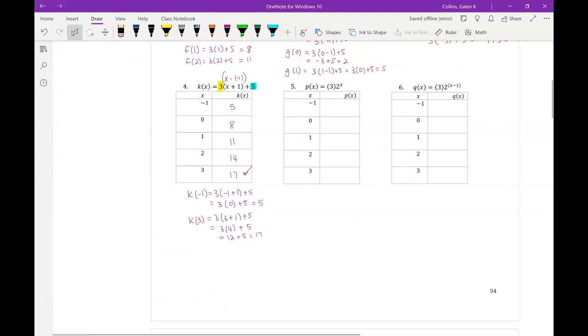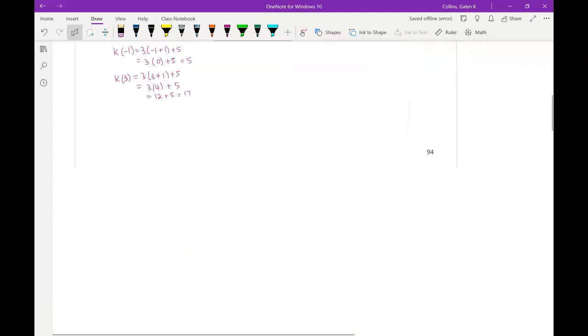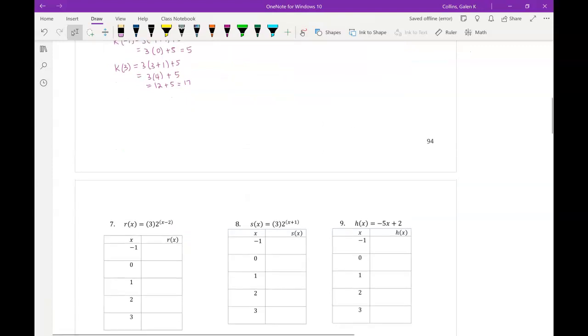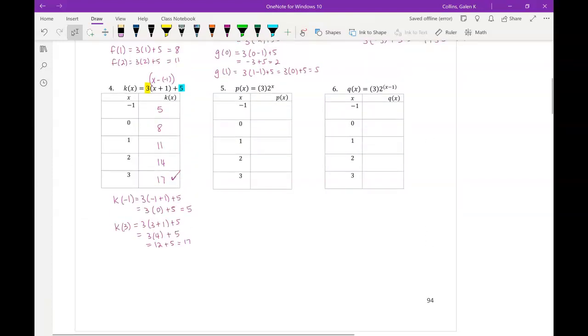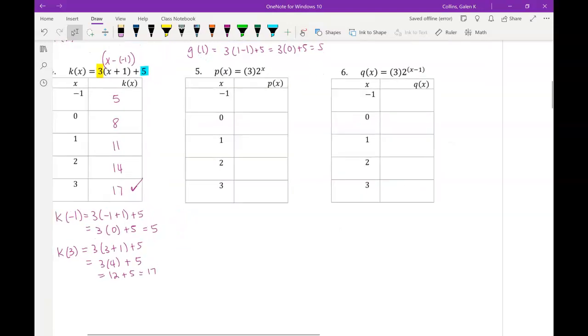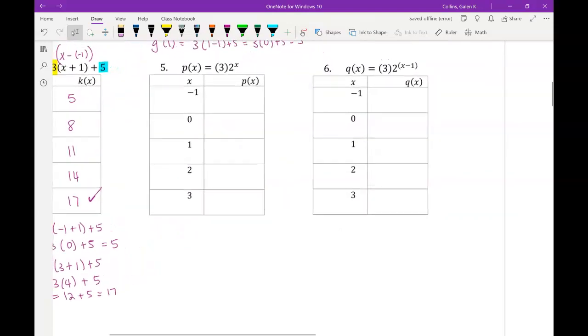All right, now when I get to the next couple questions, let's see, do these continue on? Oh, they continue on. Similar thing happening here. I'm noticing a similar thing in these two equations, except now I know this models an exponential function.